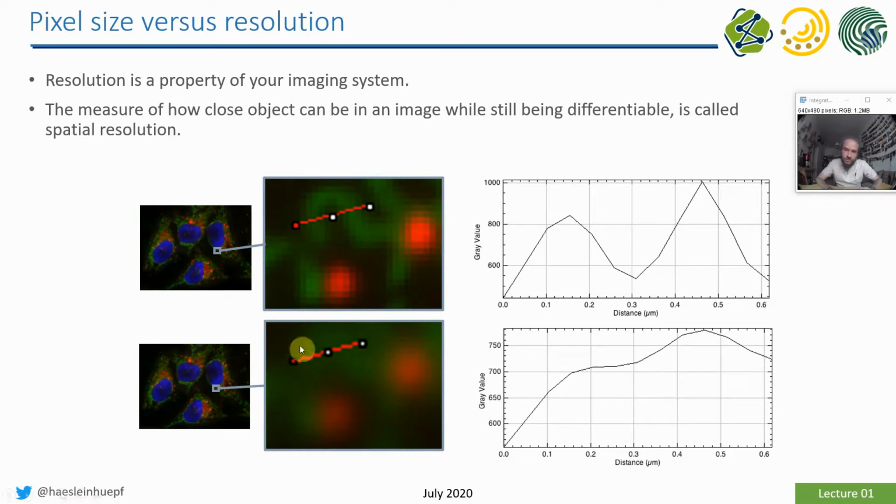These two images, where I zoomed in, have the same pixel size, but the resolution of the dataset behind is different. That's why when I draw a line and plot the profile along the line, in this image I can differentiate these two green objects, and in this image I cannot.